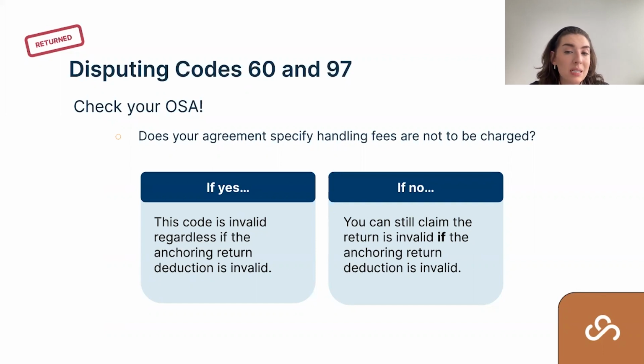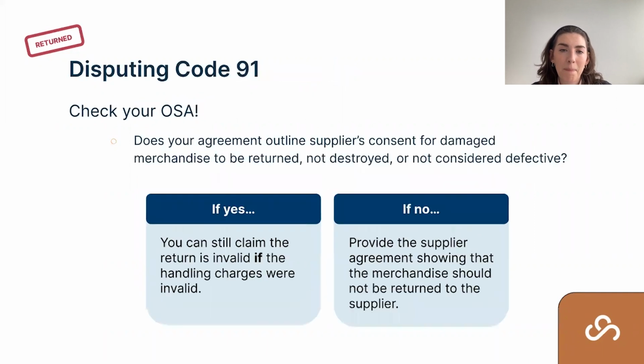If no, you can still claim the return is invalid if the anchoring return or main deduction return is invalid. So with these, code 44, code 60, code 97, look at these and you want to know if it's invalid, but go after that code that it is anchored to first.